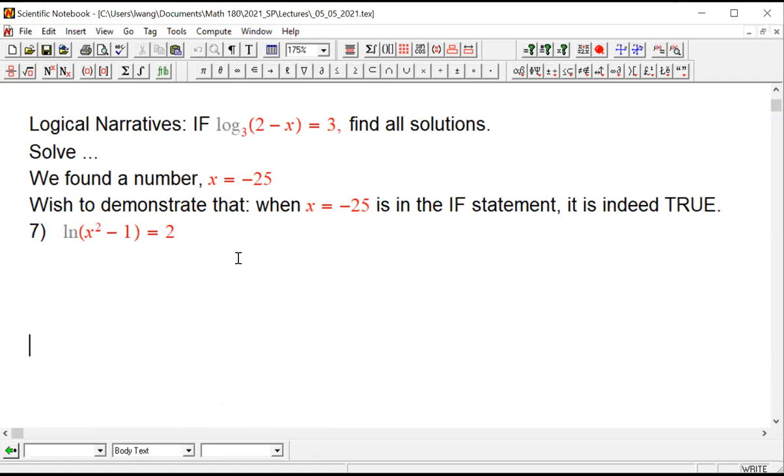Number 7 is a little interesting, isn't it? Did anybody get your work done? Domain. After these, we'll get to more complicated logarithm equations. To determine the domain, we're just going to say this must be greater than 0.